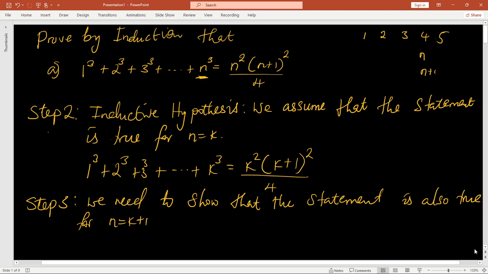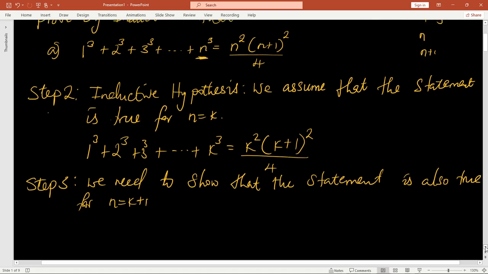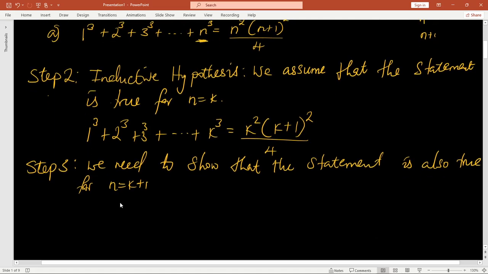So then, with regard to what we have here, we're going to write up to the k term. So we have 1 cubed plus 2 cubed plus 3 cubed plus all the way up to k cubed. Then, since this has to go up to the k plus 1 term, we're adding a new term now, k plus 1, so we're going to have plus (k plus 1) cubed.